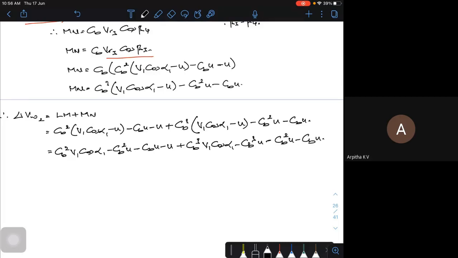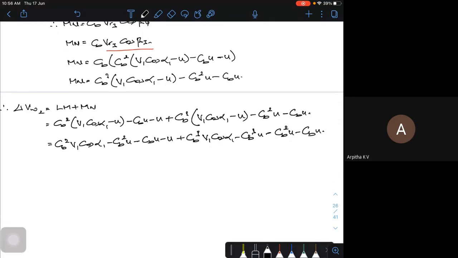Okay, this is what we are going to get. If you want, we can simplify further. I can write Cb cube as the first one.